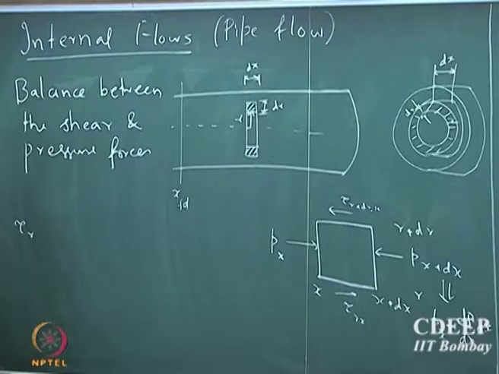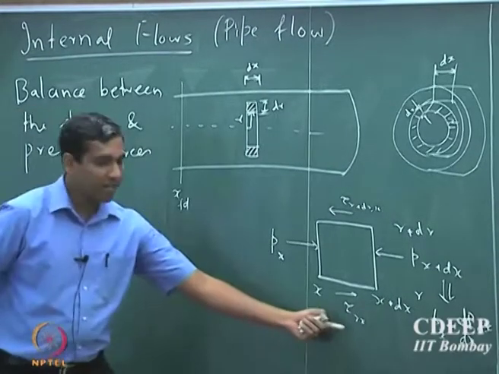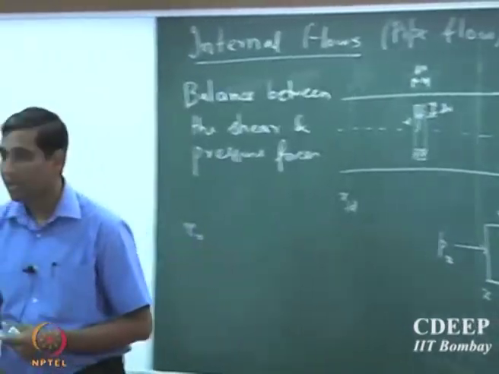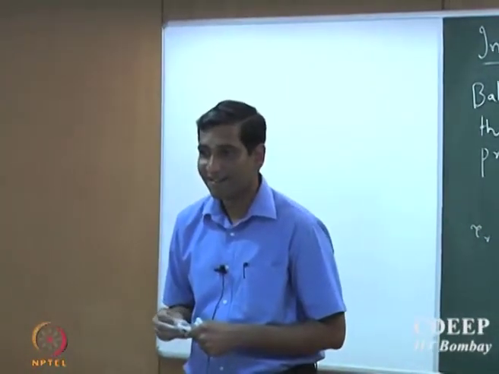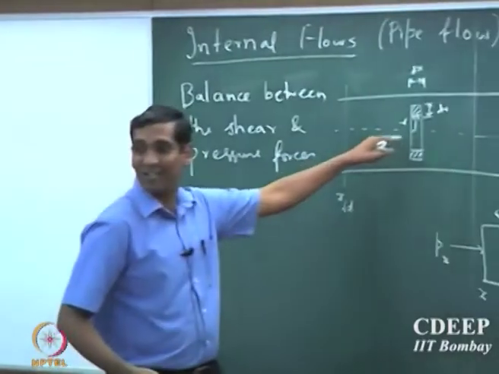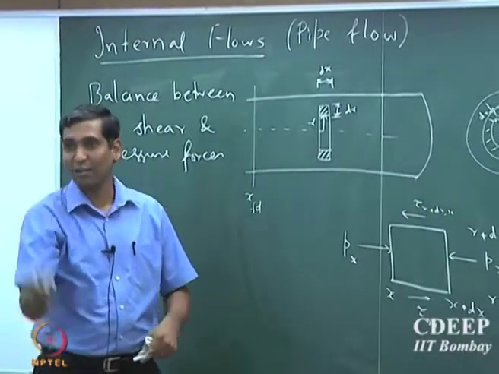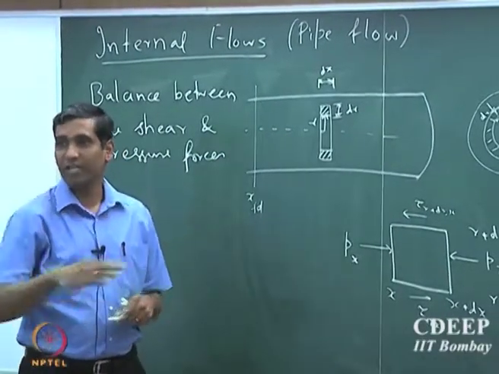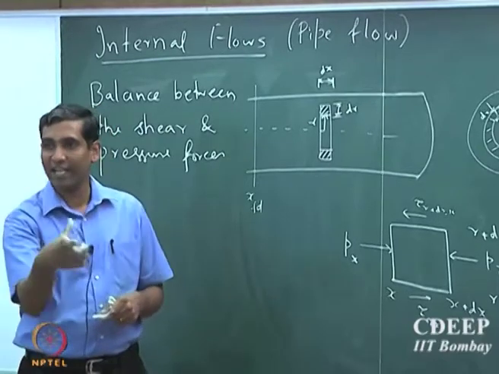Tau r is acting on what area? What is the area? Be careful, it is an annulus. So it is a circular annulus, right. So the inside area is 2 pi r into dx.